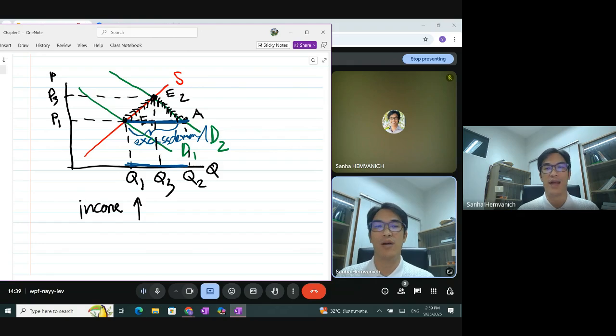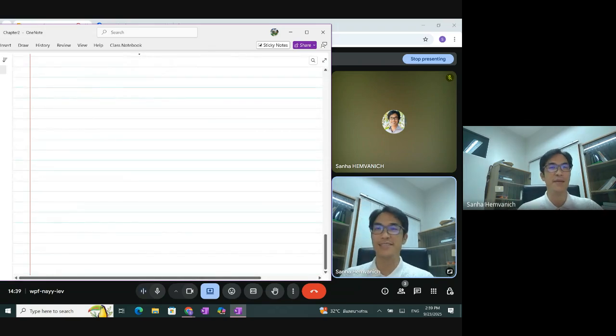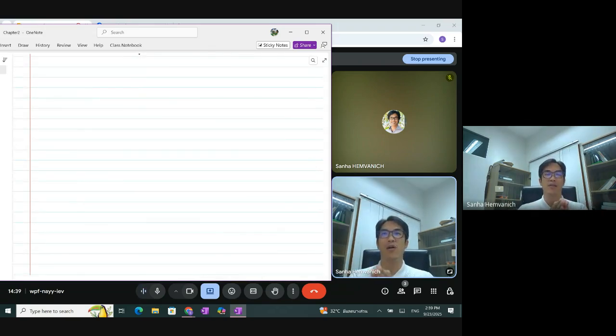Okay, so how can we get our head around that? It's the same. It's like you have a coin, right? Then you can look at one side, you see the head side, and if you look at the other side, you can see the tail side, but it's still the same coin. This is the same. It's still the same demand and supply curve, but we look at it in a different way.